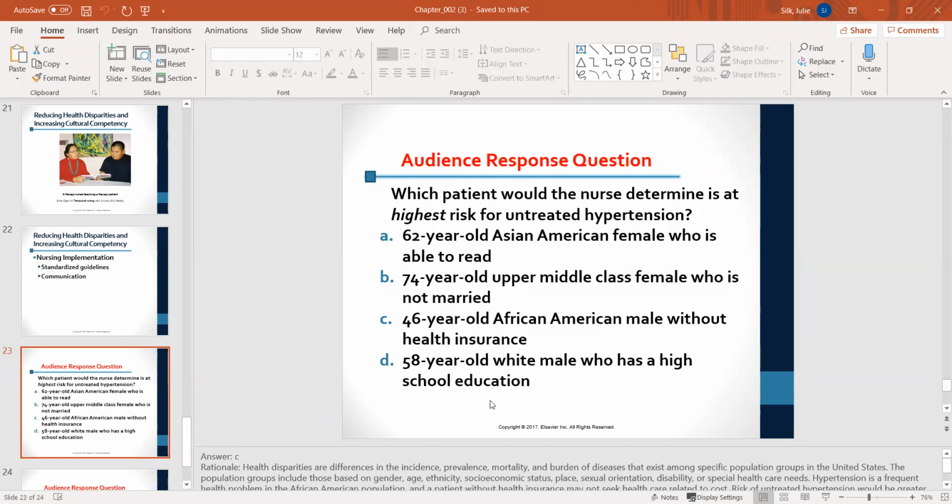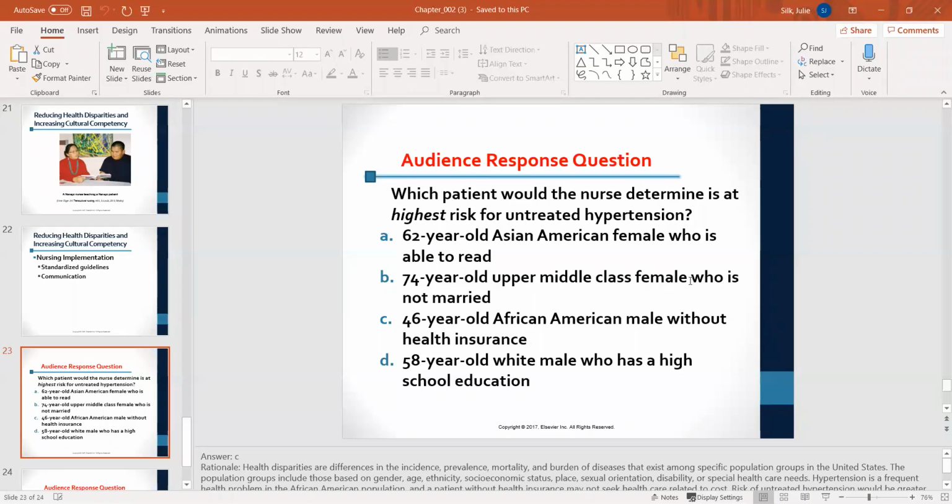So we know that the more education you have, the better health access and everything that you have, right? And then also, if you are pretty well off, like this says upper middle class, so this person's kind of well off, that person isn't going to have a big disparity, right?